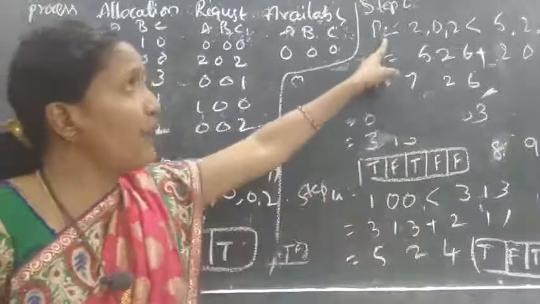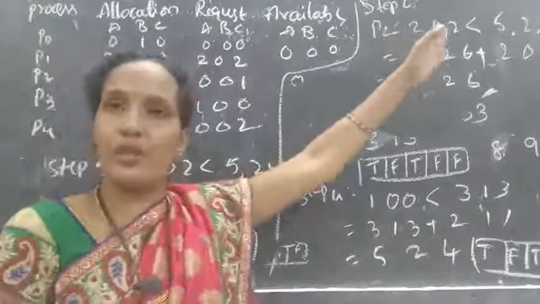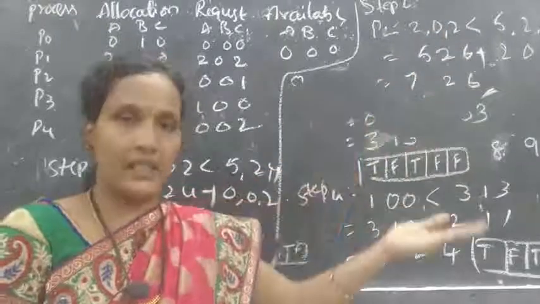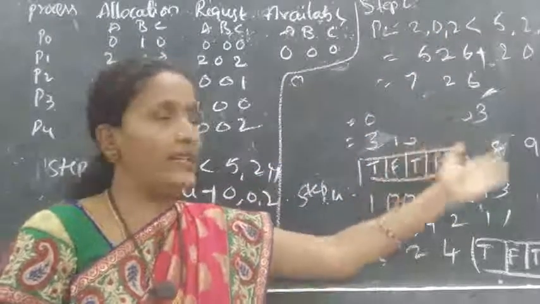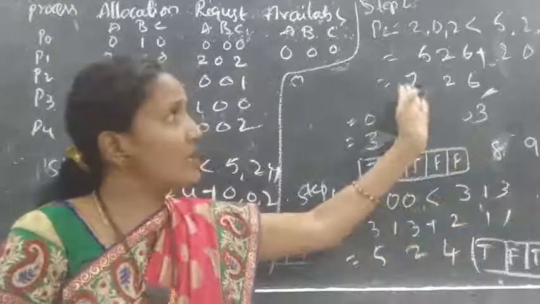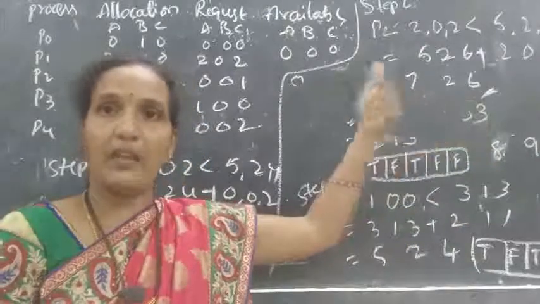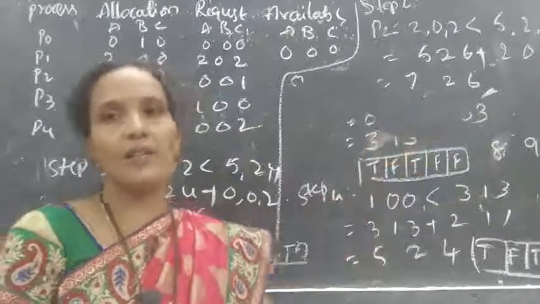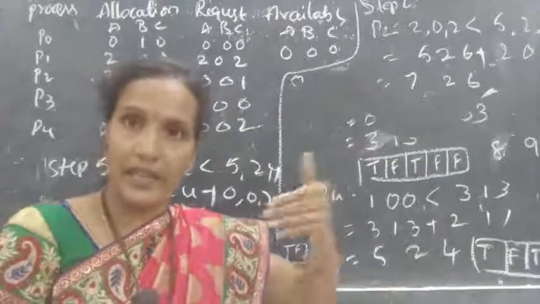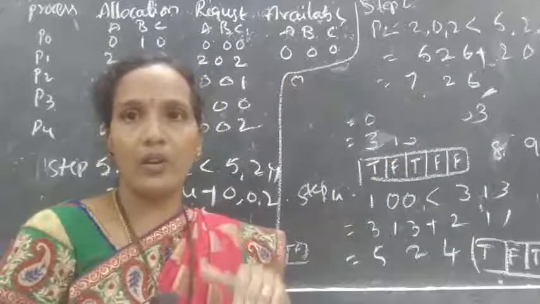Here P2 is asking only 2, 0, 2. But if it were requesting 8, 9, 10, when we actually have only 7, 2, 6, and it asks for more than that, then the system may lead to a deadlock. If it requests less than that, the system may not lead to a deadlock.